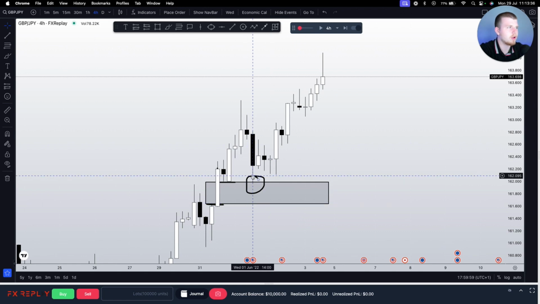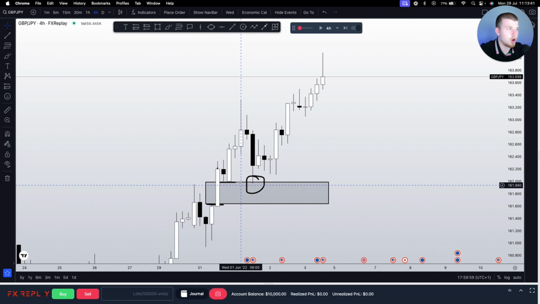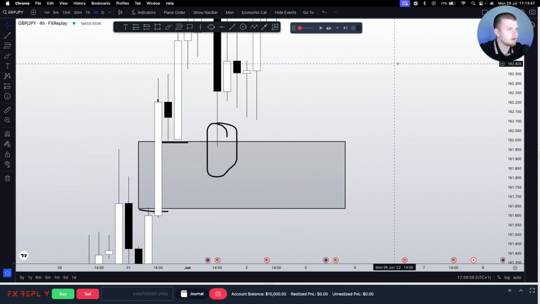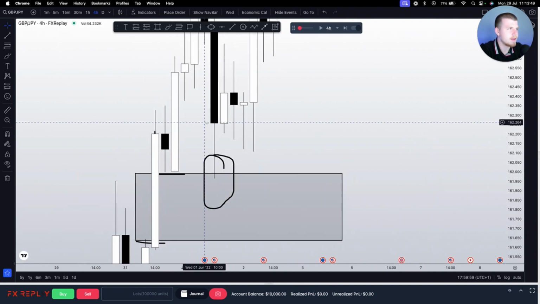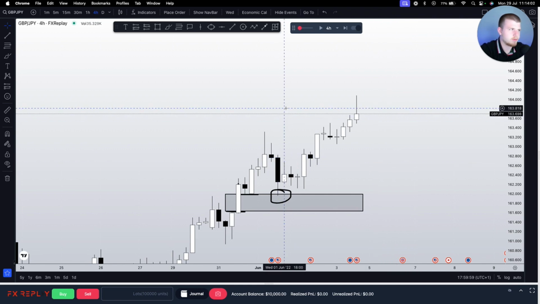If we just look at this, you can see that price creates the fair value gap. We've gone over why it's valid. Then it comes back to the fair value gap. As you can see, it wicks it and completely respects it. When this candle closed, I would have got in for my entry, and that is how you would enter trading fair value gaps. In this video, we do not need to go over inverted or inverse fair value gaps.